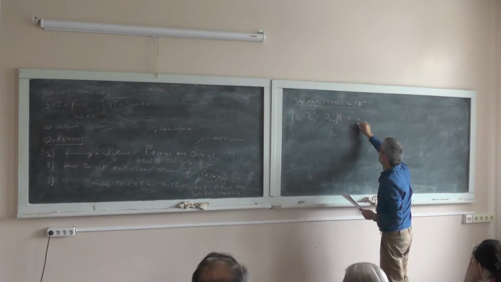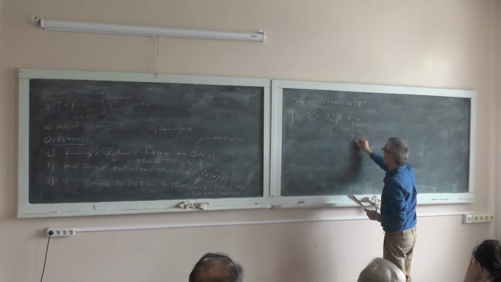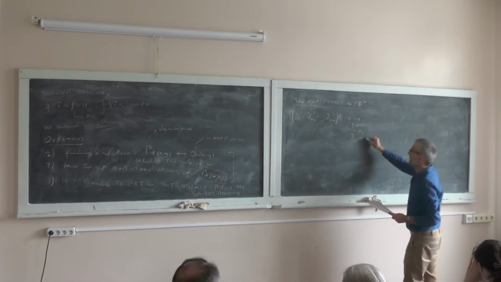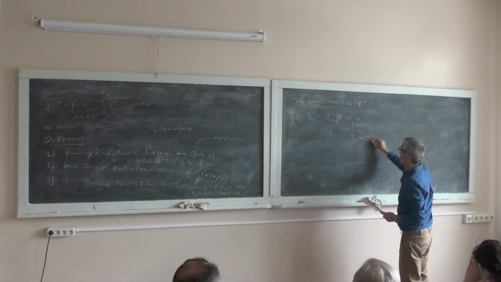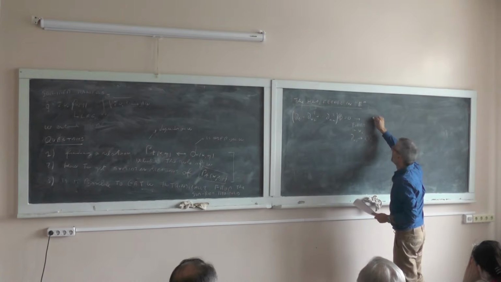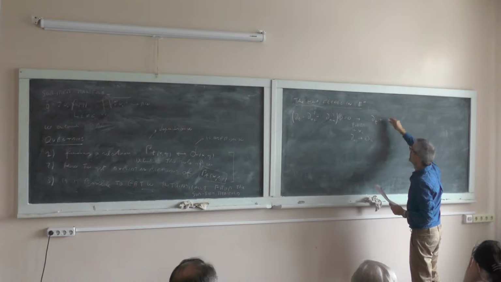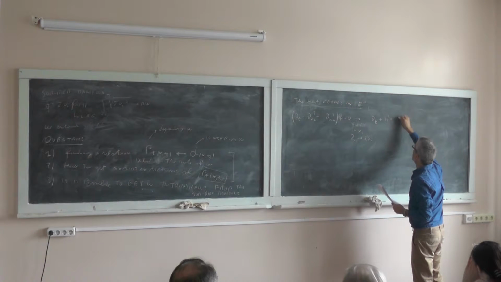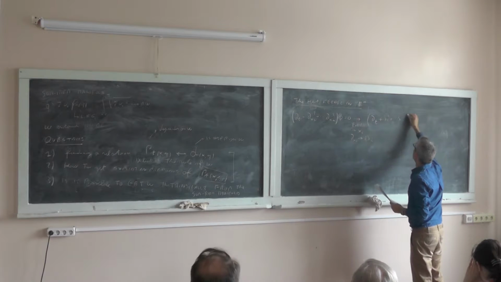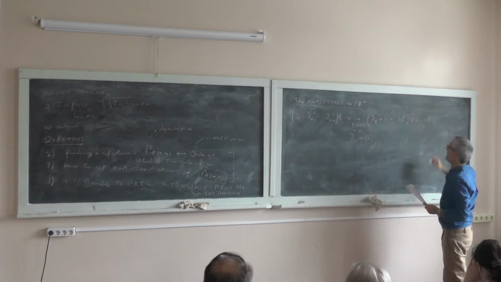So you go in Fourier in the variable x, and so you get that dxi will become a multiplication for the dual variable, and so this equation becomes dt plus lambda 1 square plus lambda n square times the Fourier transform of phi, now a function of t and lambda, equal to 0.